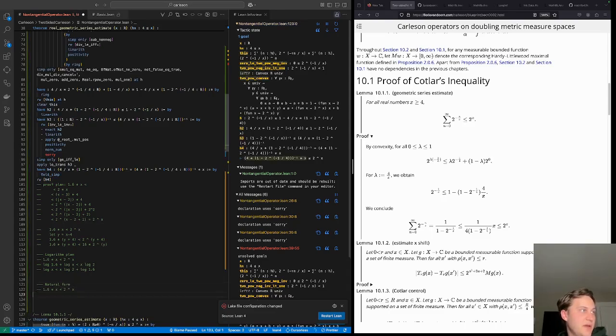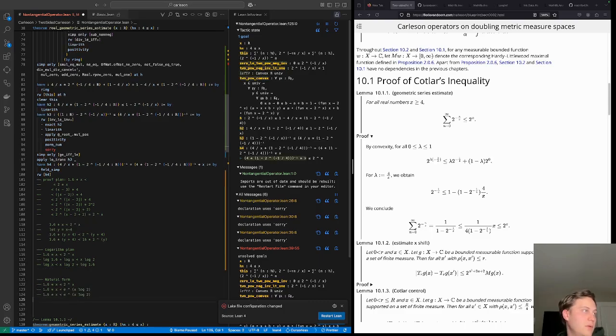What happens is I say 2 to the power x is actually e to the power of x log 2, which is equal to e to the power of x times log 2.